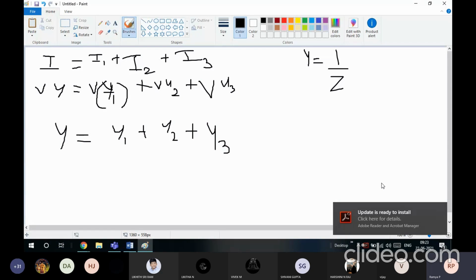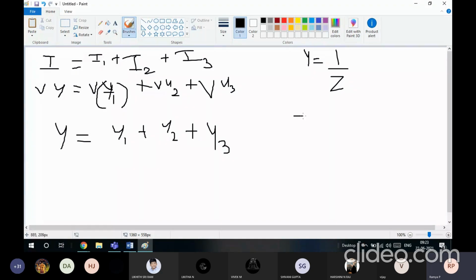When you are writing in series, my impedance value was Z1 + Z2 + Z3. So this is the impedance of the series circuit. But if my components are connected in parallel, then my impedance value will be 1 by Z, so all the terms will be in terms of 1 by Z only.